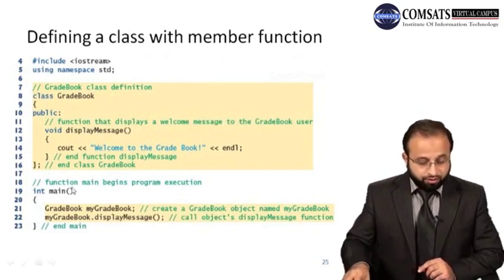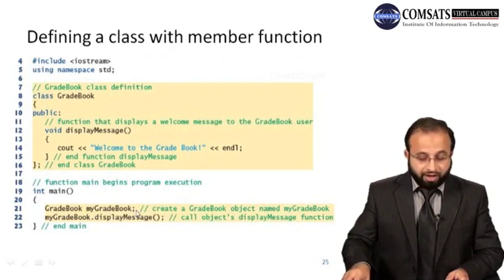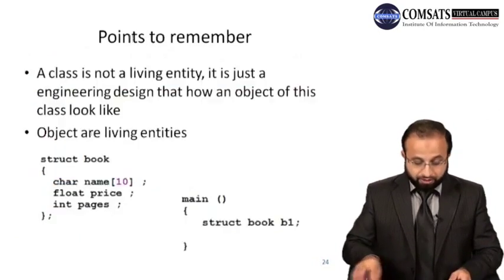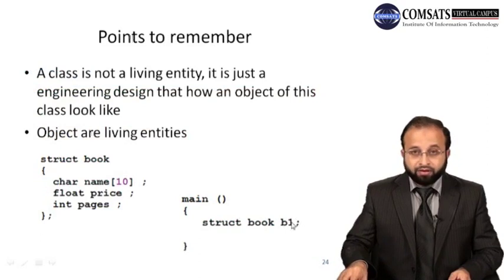So now you can see that here you can create an object within the main function. You write GradeBook space myGradeBook. Now myGradeBook is basically an object of the GradeBook class. So this is the same as you have created a variable b1 whose type is struct book.